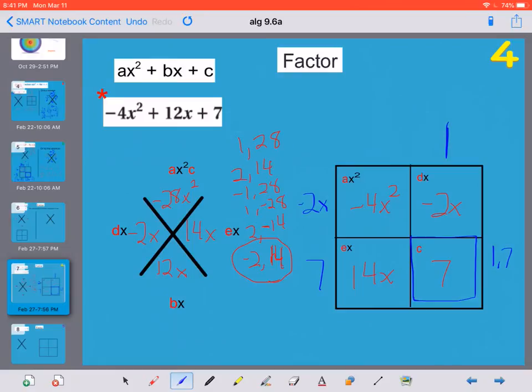Here we get negative 4 and positive 14, so I know that this has to be a positive 2x, and this has got to be a positive 7 and a positive 1. So then our answer would be 2x plus 1 and negative 2x plus 7. That is our factored form.